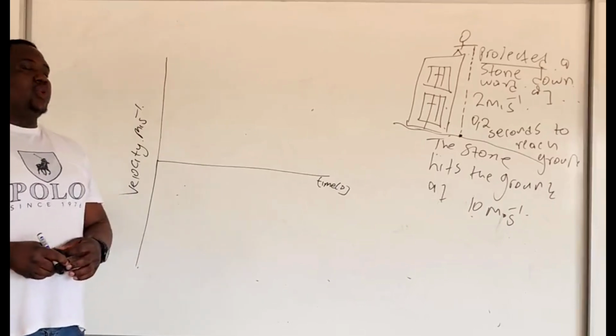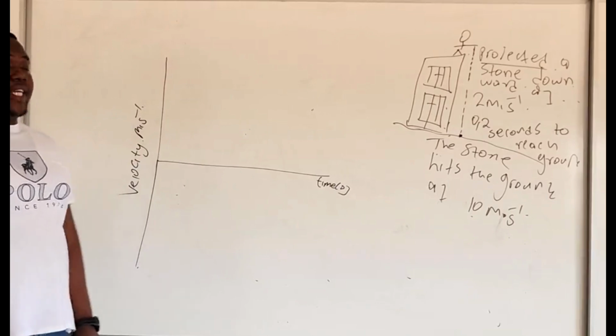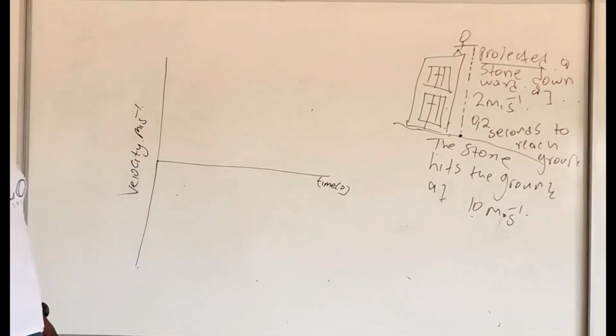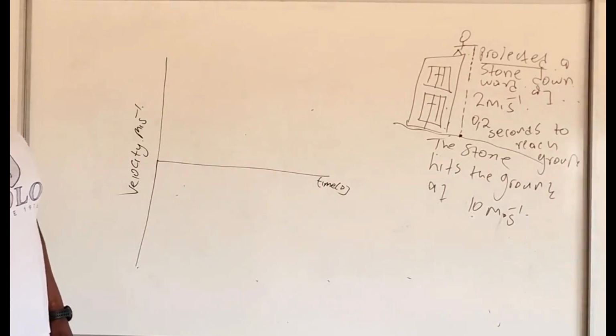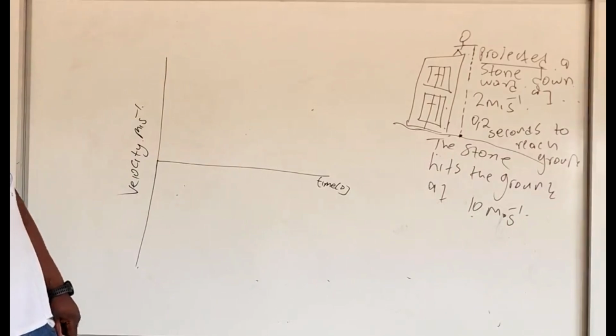Then what do I do? Let me represent that. The object is projected down. A person projected a stone down at 2 meters per second.